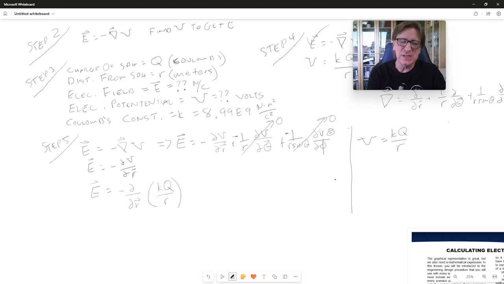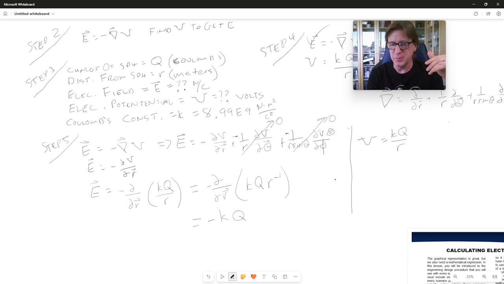So, all right, this means I need to take the partial with respect to R. I find it easiest to go ahead and write this in this form so that I can take that derivative. And remember, even if Q depended upon time, for example, I could still pull it out because it doesn't depend upon R. So remember that the partial is just how it depends upon R is all I need to worry about. K is a true constant, so obviously I can bring that out. So I could have a K here. Even though Q may not be constant, it could be time varying, it doesn't depend upon R. So I'm going to pull that out as well.